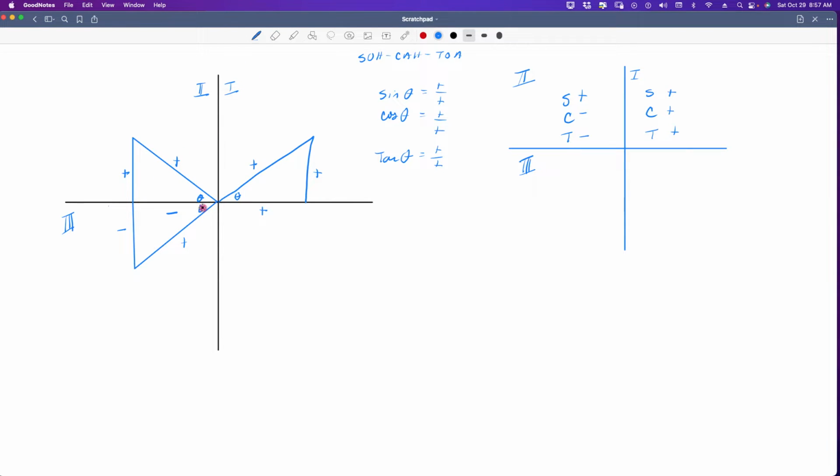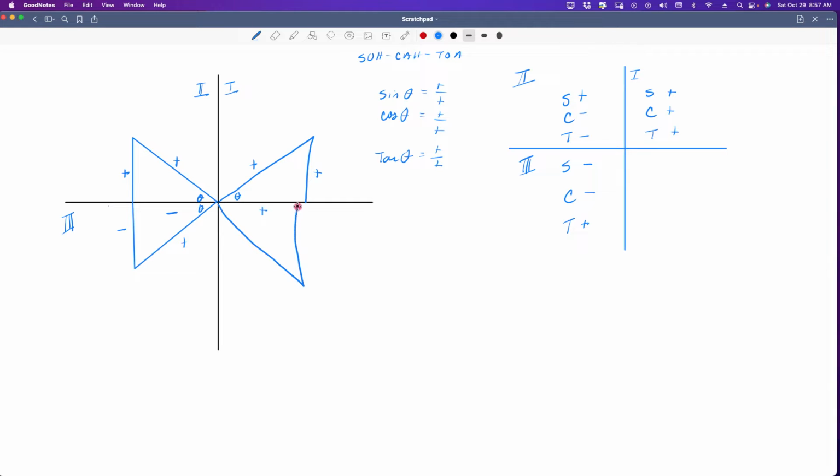The sine is the opposite over the hypotenuse, so negative over positive, so sine is going to be negative. The cosine is adjacent over hypotenuse, negative over positive, so cosine is going to be negative. And the tangent is the opposite over the adjacent, negative over negative, so that is going to be a positive.